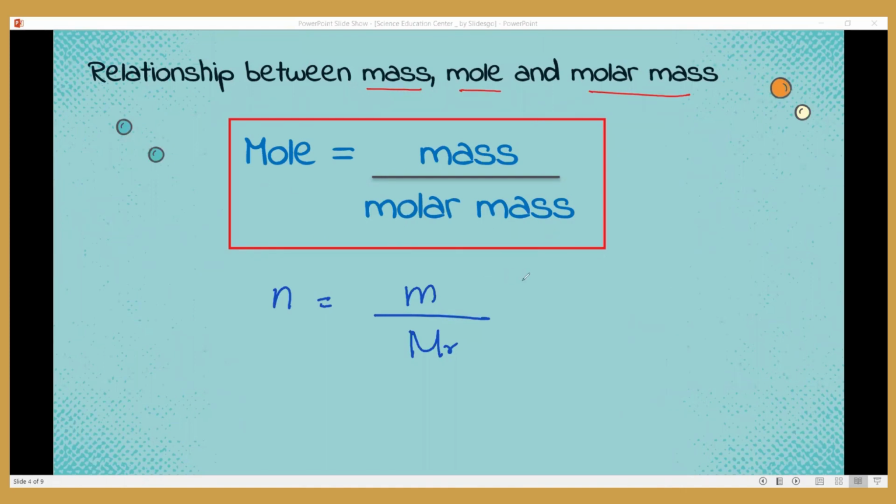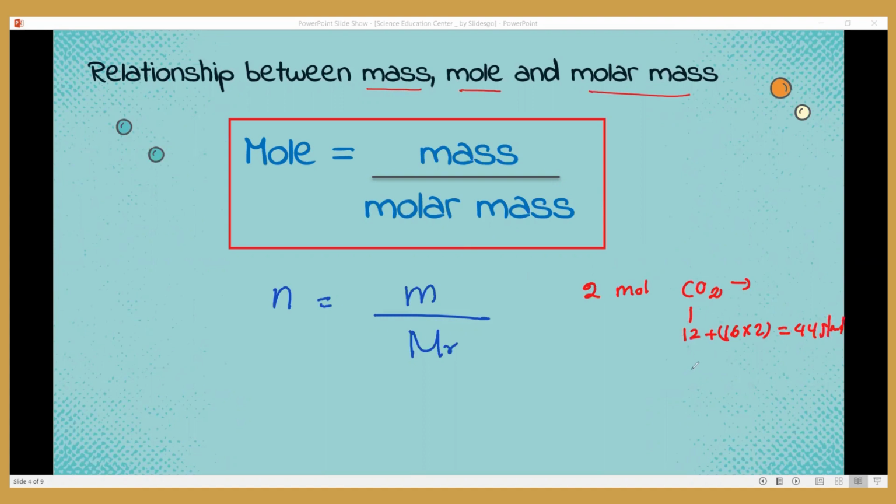That is, if we have 2 moles of carbon dioxide, the molar mass of carbon dioxide can be found, which is 12 plus 16 times 2. Using the mass numbers, it will be 44 gram per mole.